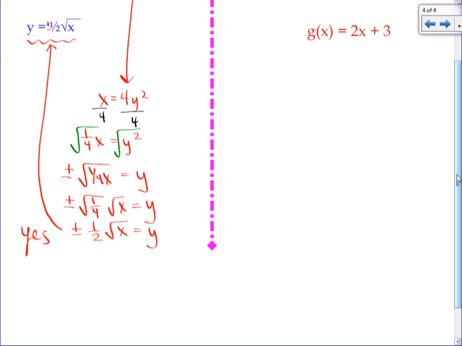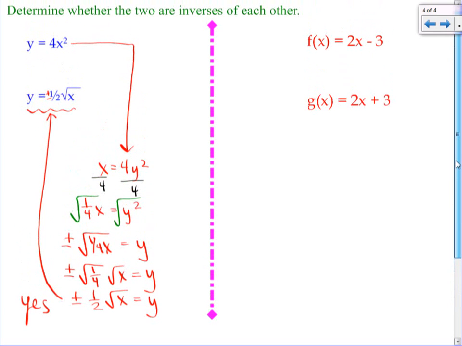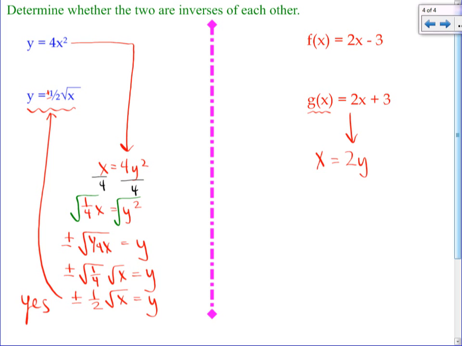Let's try this one. Okay, so let's pick this one, because it doesn't matter which one we pick, we just need to find the inverse and see if it matches the other one. All right, so remember, this is really the same thing as y, so I'm going to rearrange these and put the y on this side, and then we just have to solve for y.